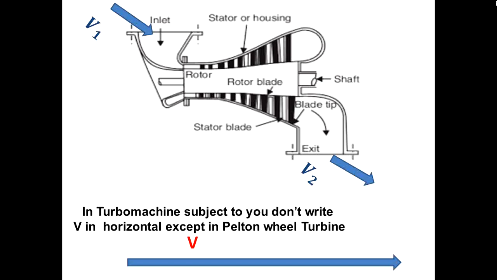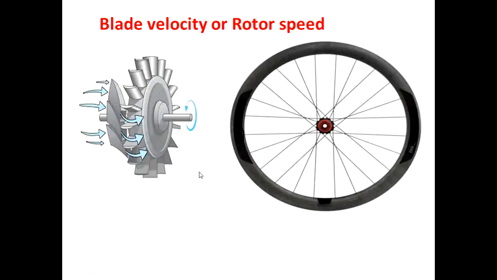Therefore, in that one, what will happen? The fluid will be horizontal in direction, tangential in direction. Therefore, the velocity of the fluid which comes out of the nozzle will be in the direction of your tangential velocity component only. Therefore, there only you will write it so. In other points you can't write like that.